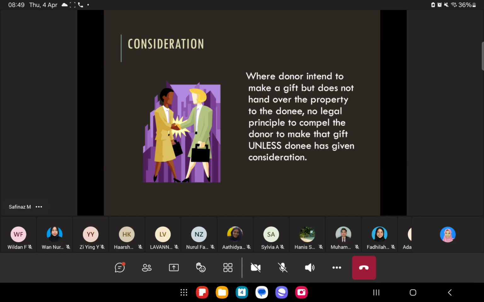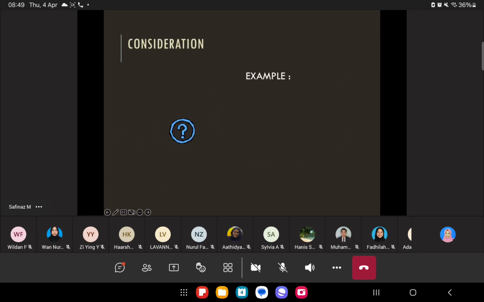So where a donor intends to make a gift but does not hand over the property to the donee, there is no legal principle to compel the donor to make that gift unless the donee has given consideration. So what is consideration? Normally consideration refers to money, okay, but it also refers to money's worth.